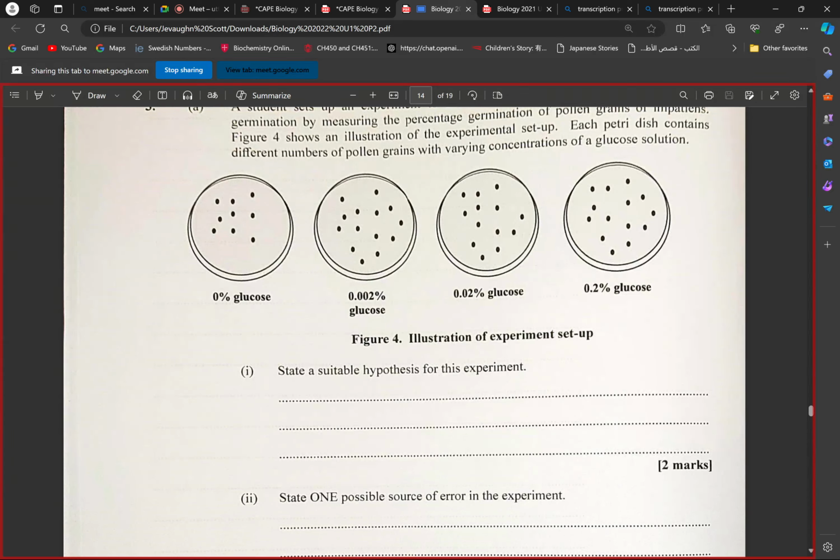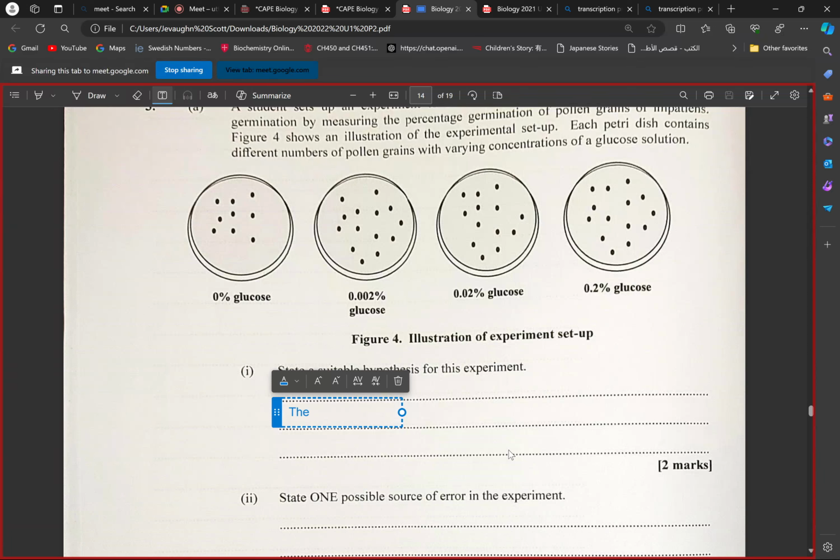State a suitable hypothesis for the experiment. What is the suitable hypothesis? Sir, would we talk about the higher the concentration of glucose, the higher the germination?